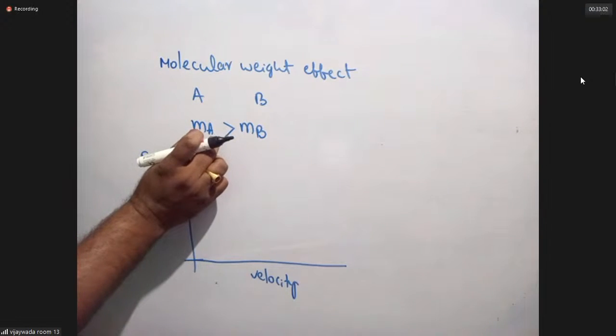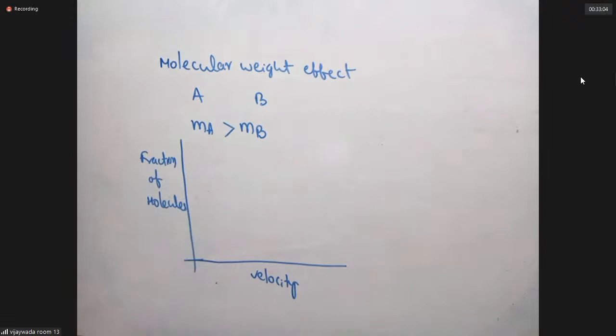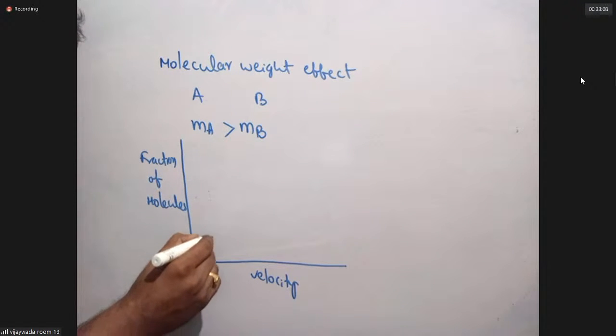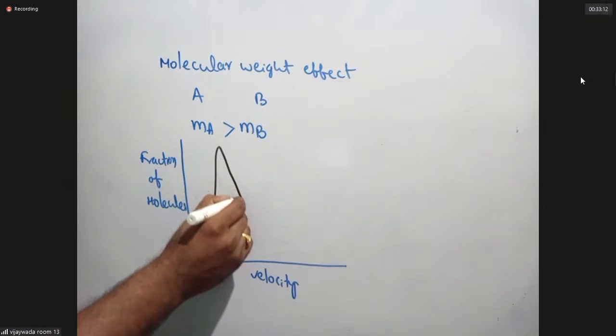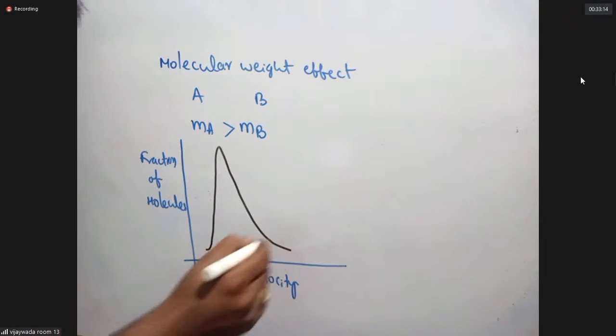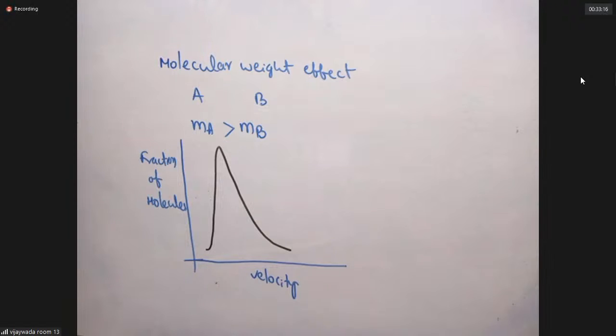Ma is more mass, Mb is very low mass. The low mass gas molecule's velocity is definitely higher, because as mass of the gas increases, it is very difficult to move.